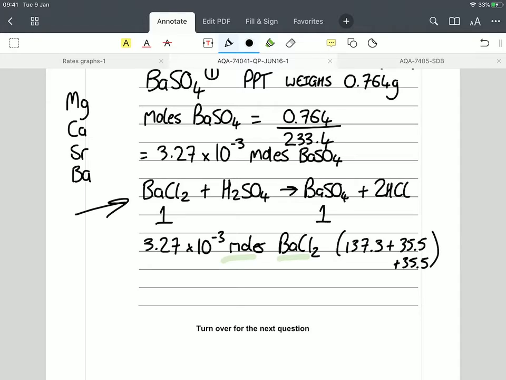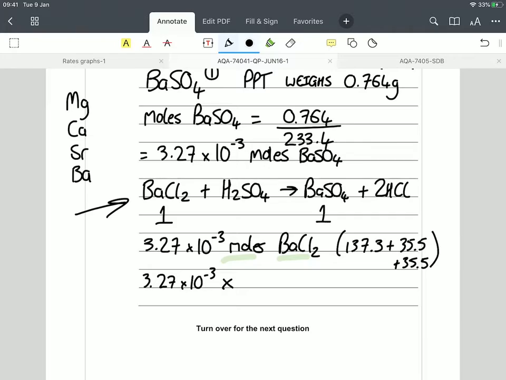Okay, and the relationship here is mass is moles times Mr, so 3.27 times 10 to the minus 3 multiplied by all the stuff that adds up in those brackets. I still have this number in my calculator, so I'm just going to hit multiply by, open brackets, 137.3 plus 35.5 plus 35.5.